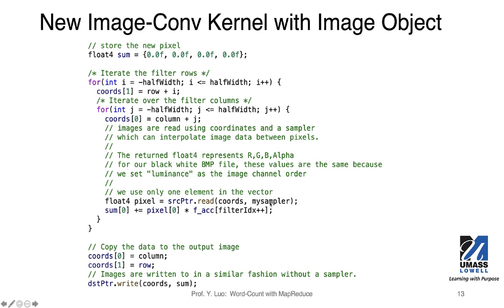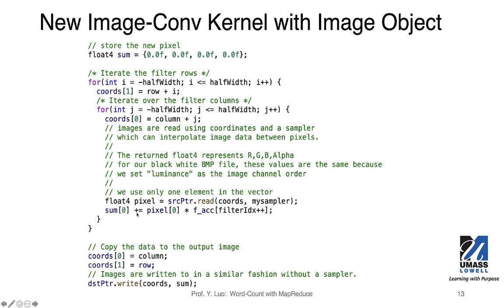The sampler object specifies how we're going to deal with the boundary pixels, or any pixel beyond the boundary, and also whether we use normalized or unnormalized coordinates. So that's already specified in here. As you can see, when we use this image object specific read function, we do not have to check for boundaries because that's already handled by the image object. And that's exactly the advantage of using it here.